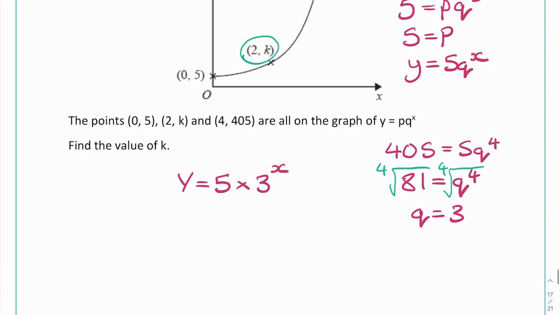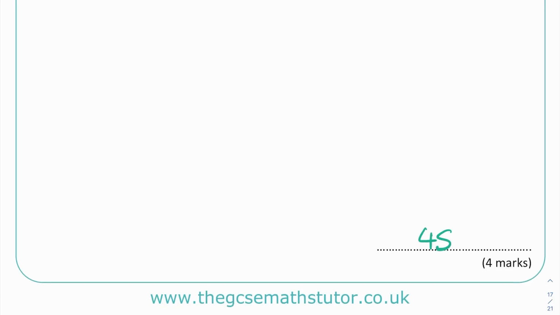So if x is 2, y is going to be equal to 5 multiplied by 3 to the power of 2. 3 to the power of 2 is 9, so y is equal to 5 times 9, which is 45. Now obviously y here is the y coordinate, and k is in the position of the y coordinate, so if y is equal to 45, that's told us the value of k. So k is equal to 45. So our final answer there is 45.